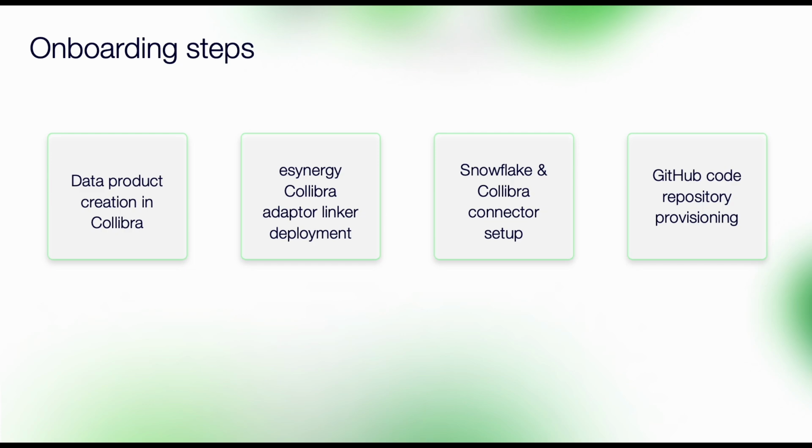Additionally, we have to provision a code repository to operate the framework. In this demo, we are using GitHub, but the framework is flexible and compatible with any code management platforms.